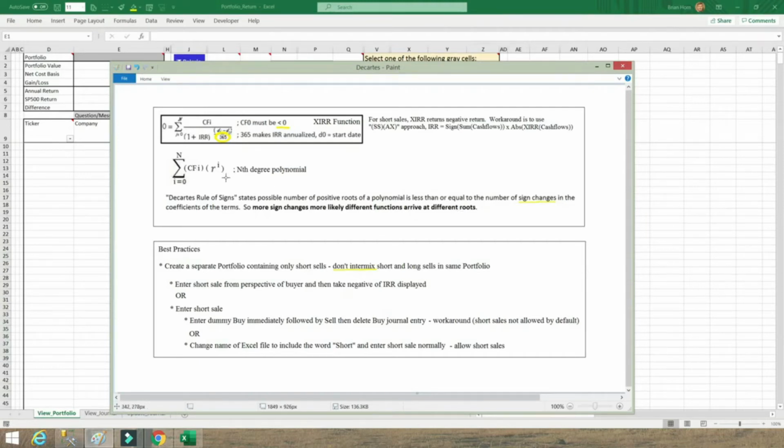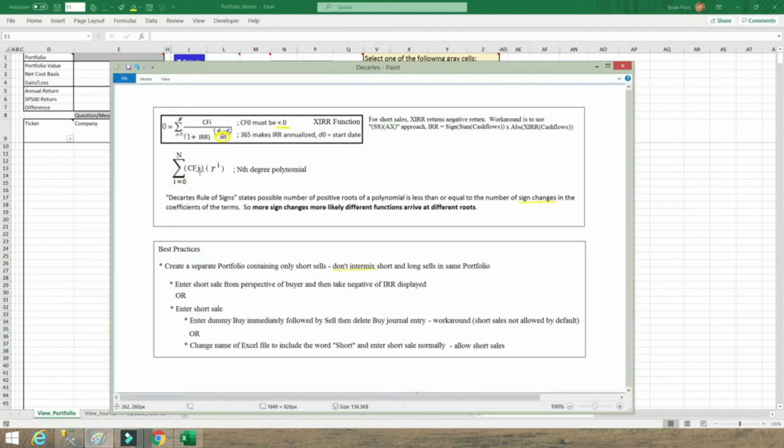So when you start mixing long and short into the same portfolio, you introduce more and more sign changes in the cash flows. You don't have just a bunch of negative cash flows and then later on positive cash flows, but now you have negative, positive, positive, negative. Even more so than what you would have if you just had different timing of long buys and sells.